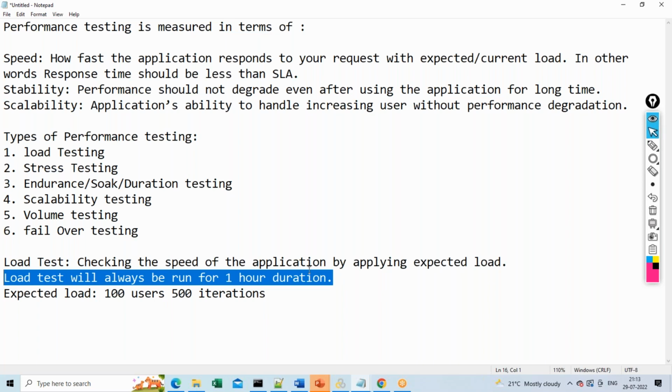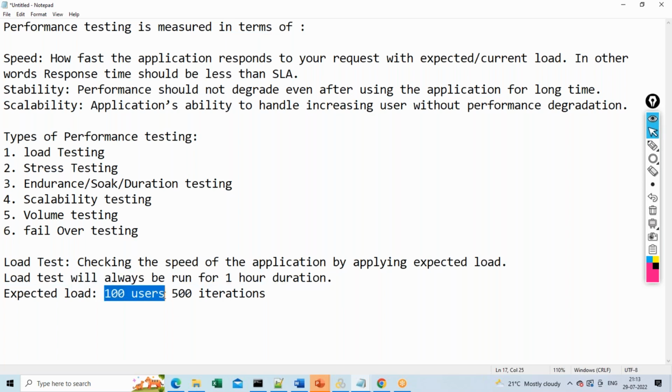Now when the client gives you the target of 100 users and 500 iterations, you need to achieve these 500 iterations in 1 hour. That means after completion of 1 hour of load test, if you go back and check the results, you should achieve these 500 iterations when you run with 100 users.